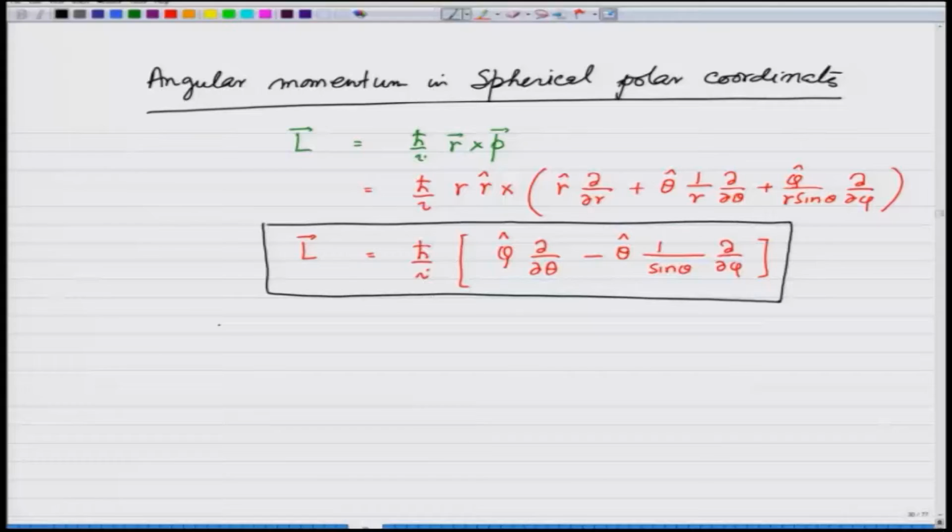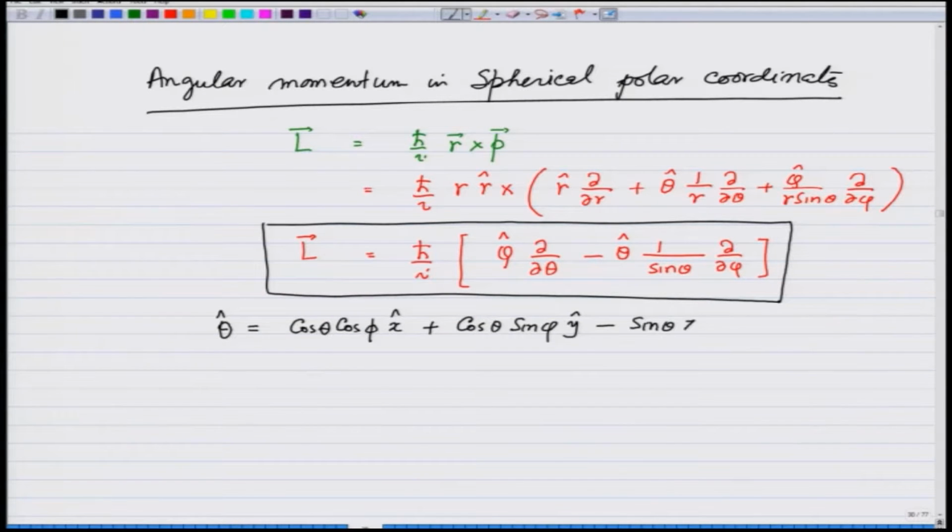So, for that I am going to use theta unit vector equal to cosine theta cosine phi in the x direction plus cosine theta sine phi in the y direction minus sine theta in the z direction, and the phi unit vector is equal to minus sine phi in the x direction plus cosine phi in the y direction.